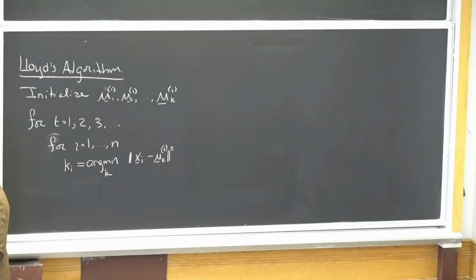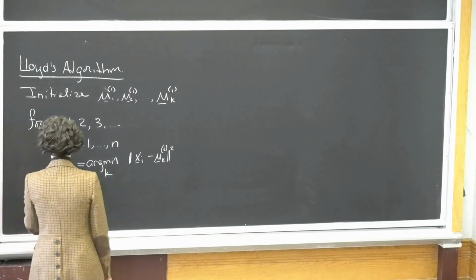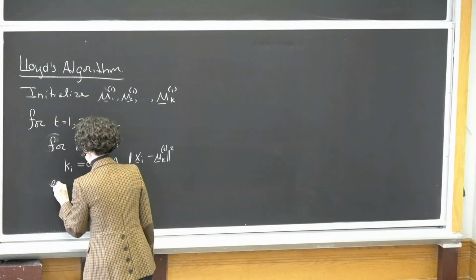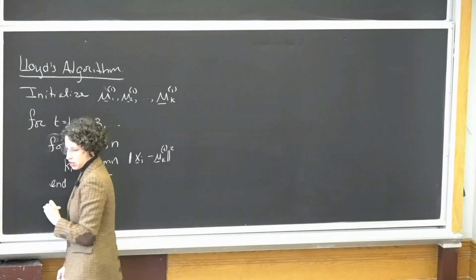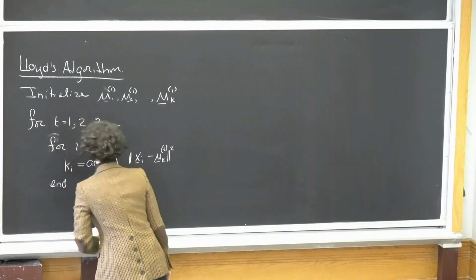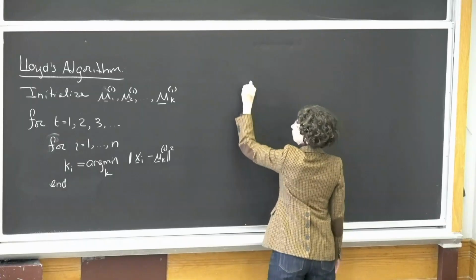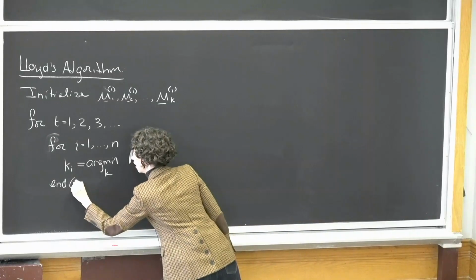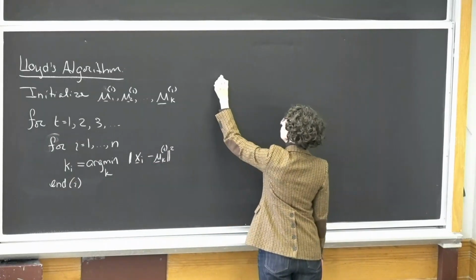Now what we're going to do is use that information to update the estimates of the cluster centers. So I'm going to end my i loop here, but we're still inside the t loop.